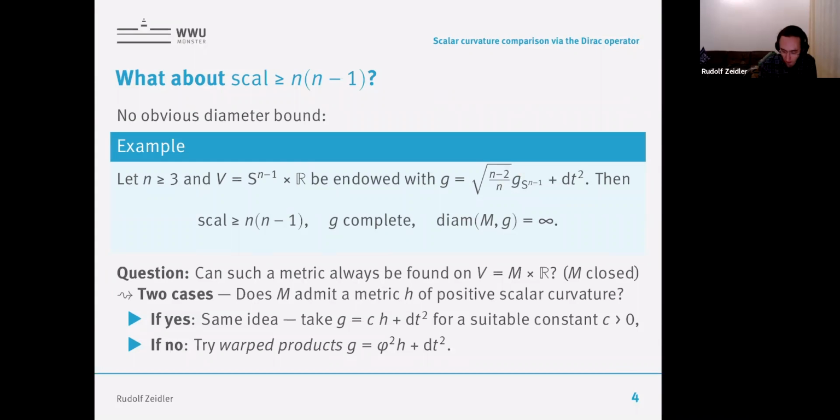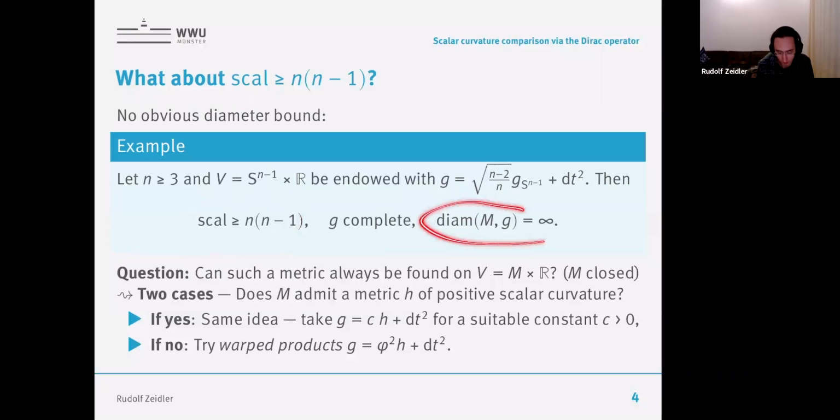And then if you want to get the same kind of normalization as the n-sphere, where here you start with the (n-1)-sphere, you need to put some constant, but of course you can do that if you want. And then you get a metric on the sphere cross the real line, which is complete, has scalar curvature, well, in fact, equal to n times (n-1).